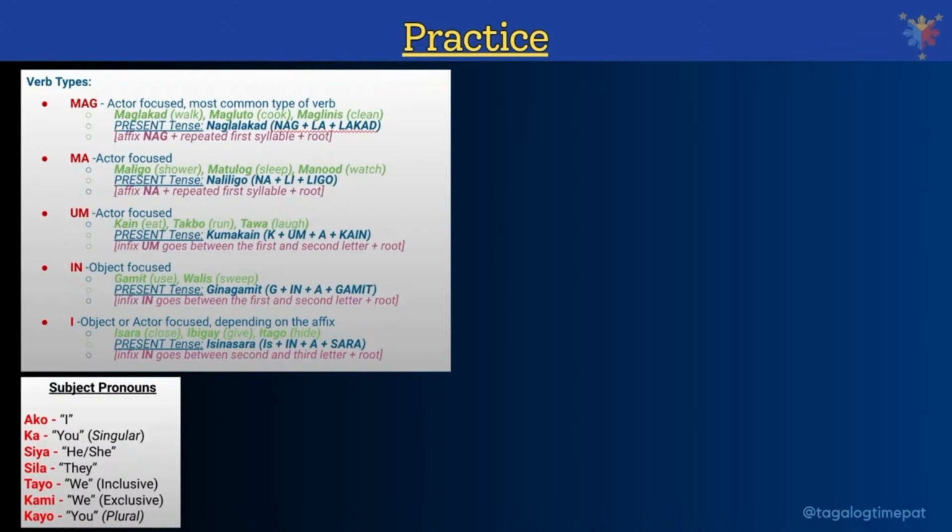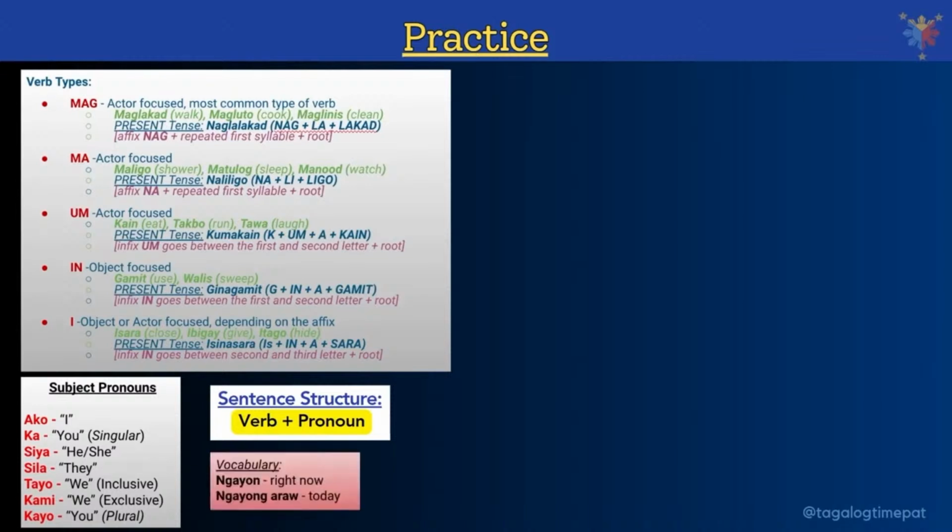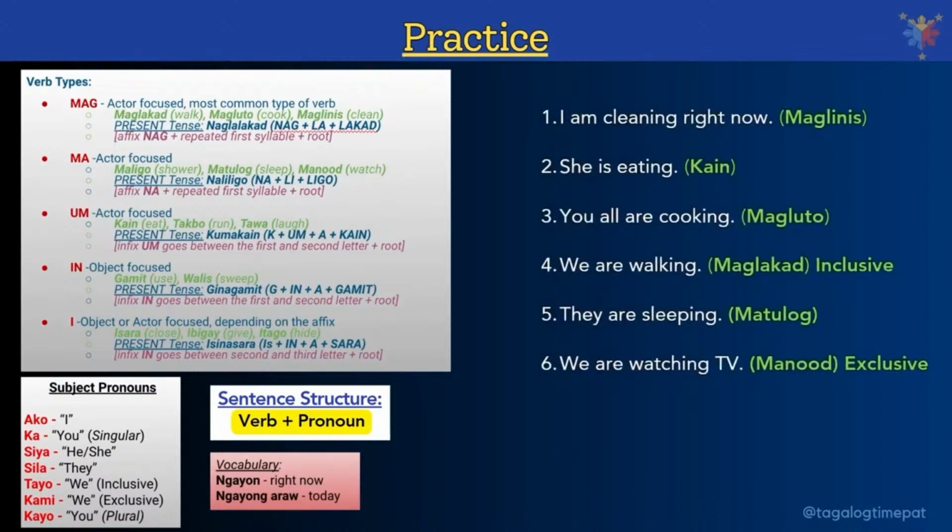Ako is I, ka is you, siya is he or she, sila is they, tayo is we, inclusive, kami is we, exclusive, kayo is you, plural. Then here is the simple sentence structure, verb plus pronoun. And then here are some vocabulary terms to indicate present tense. So ngayon means right now. Ngayong araw means today. And here are some examples.